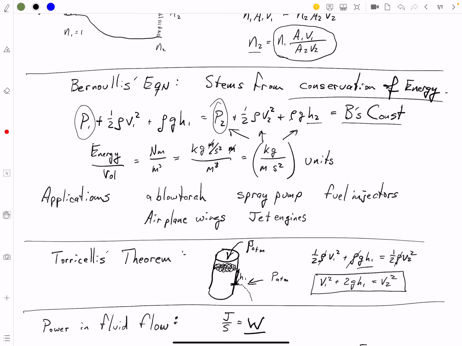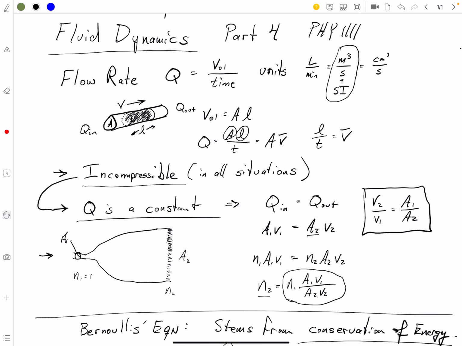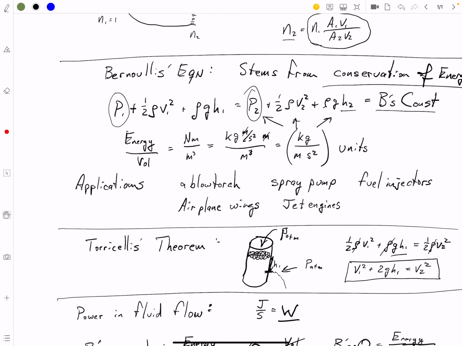So you can come back here to our situation and say, I want Bernoulli's here, so let's get B's number there, and then we can get the Q from over here, or vice versa. Or we can get them both from one side. It doesn't matter. Either way, if you take any of those numbers, B's and Q's, they should all be the same. You take those numbers, multiply them together, and get your power.